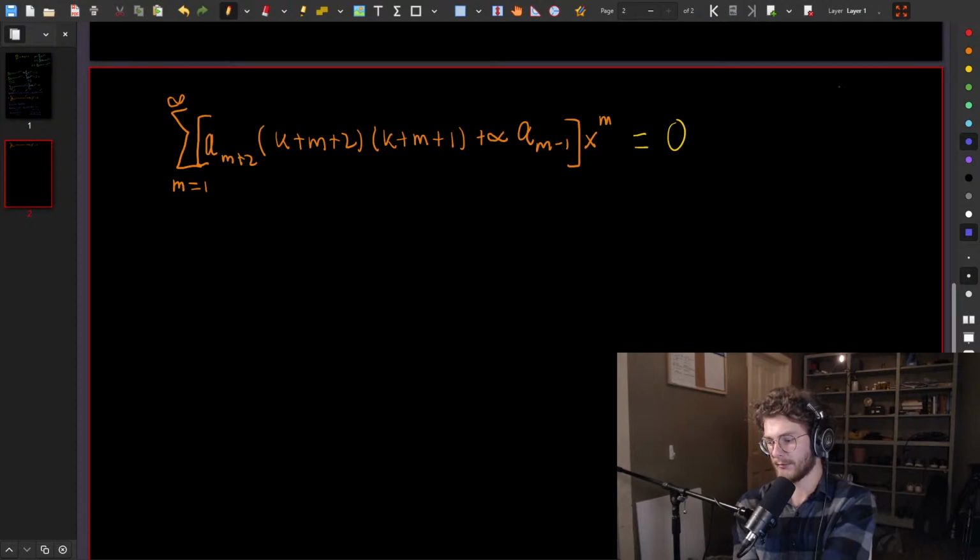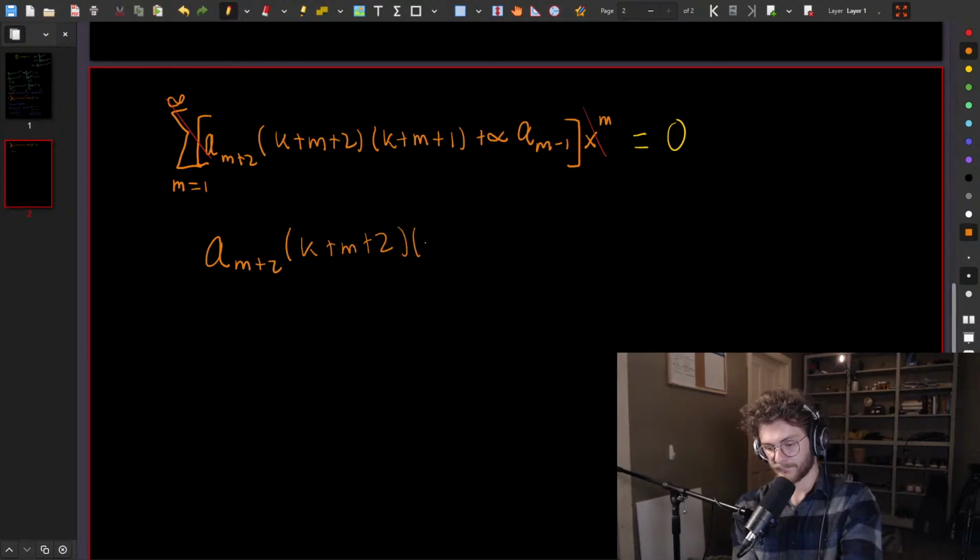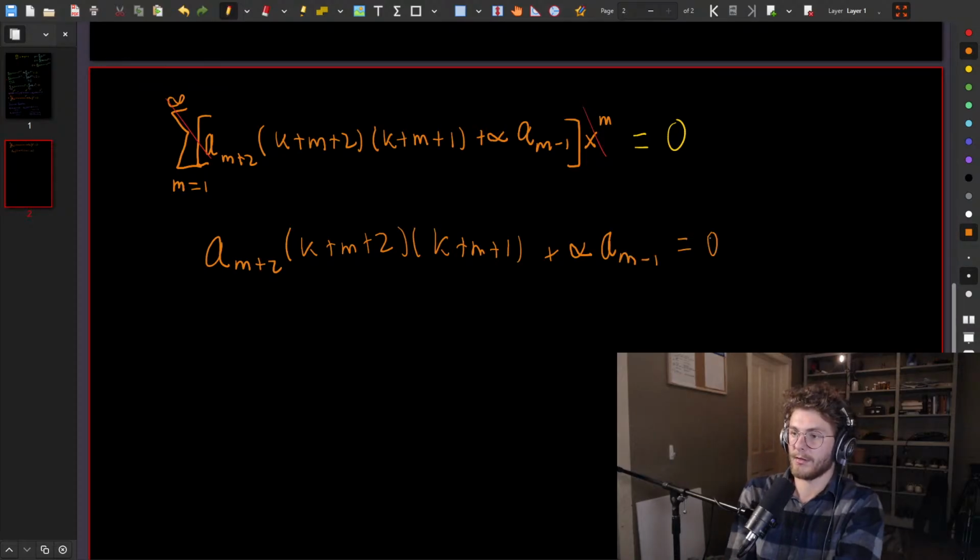This can be gone, and we can say that a sub m plus 2, k plus m plus 2, k plus m plus 1, plus alpha a sub m minus 1 equals 0. And then we can simply subtract one from the other, that a sub m minus 1, and then divide by all these things.